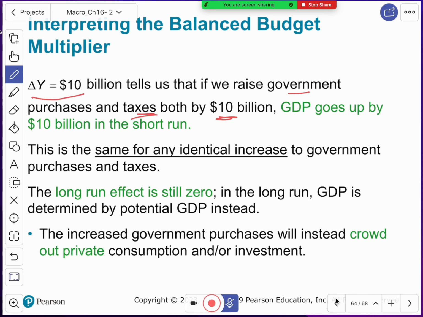This is a short-run effect, and the short-run effect is telling us that there would be an increase in GDP by 10 billion. However, the long-run effect is 0. Why is it 0? Because we know that we have a crowding out of private consumption, whether from households or investors.